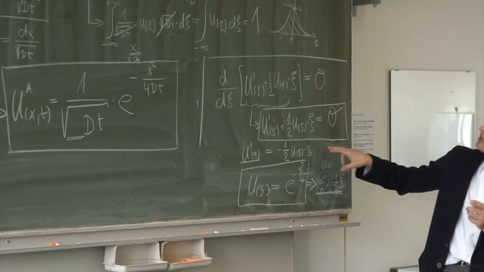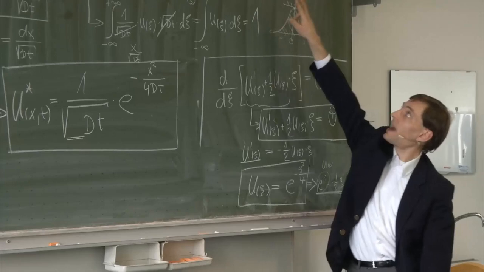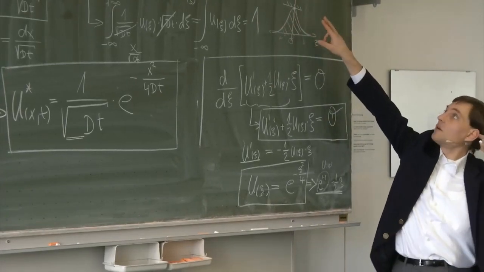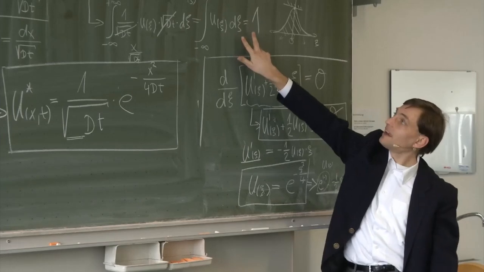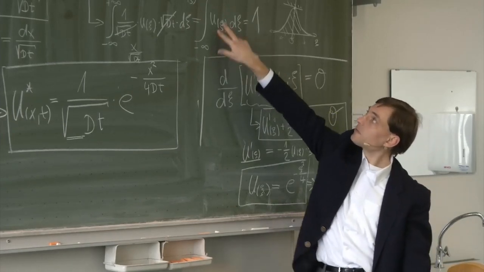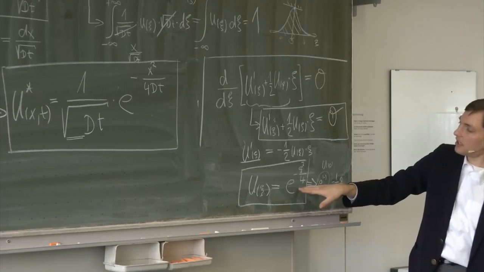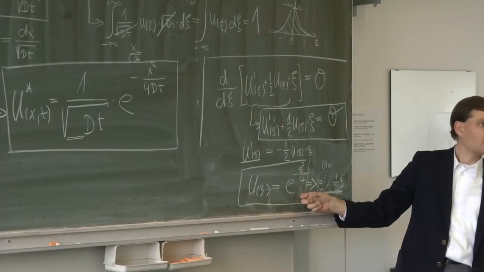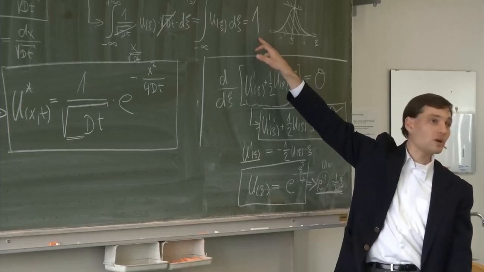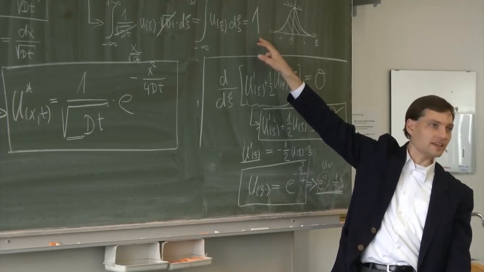So what we computed here is that my Gaussian function is in line with my heat equation. What we have not checked so far is that the integral from minus infinity to infinity of this function, of my u, is 1. We have to check this.